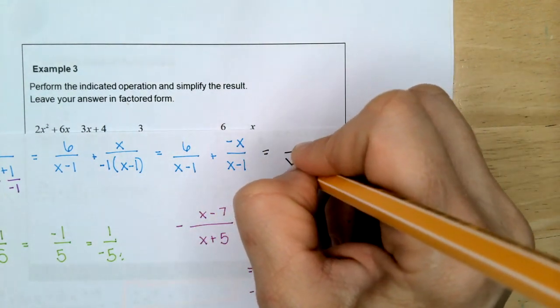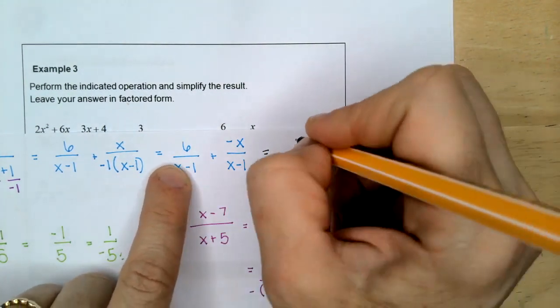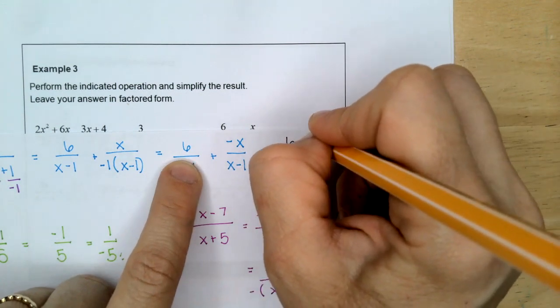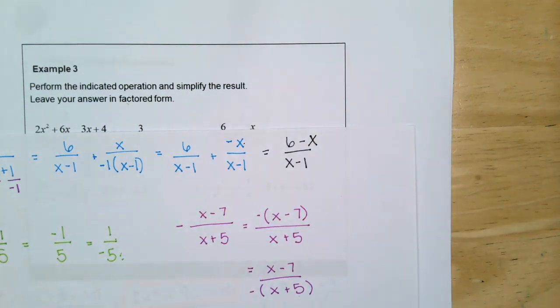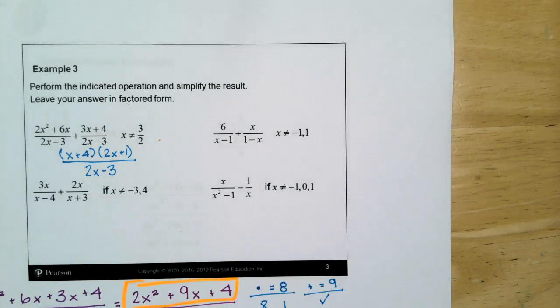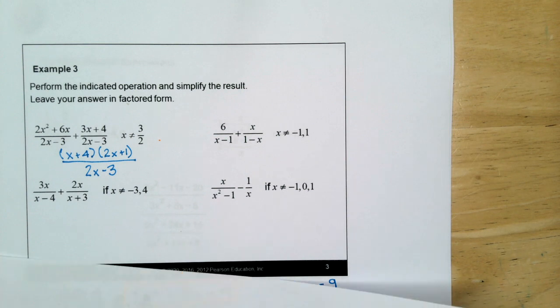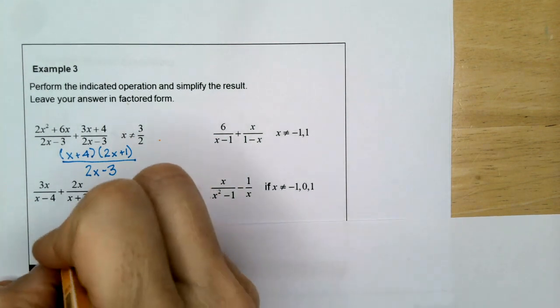So now our common denominator is x minus 1, and on the top we're going to combine the 6 minus x. So our final answer is 6 minus x over x minus 1. Good? All right, third example is 3x divided by x minus 4 plus 2x divided by x minus 3.